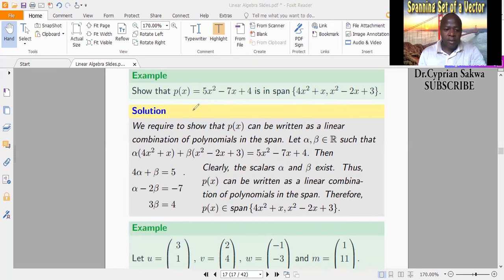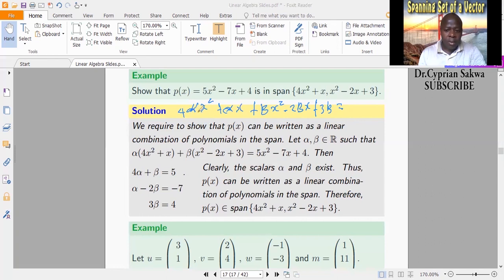This will be 4 alpha x squared plus alpha x plus beta x squared minus 2 beta x plus 3 beta is equal to this polynomial.